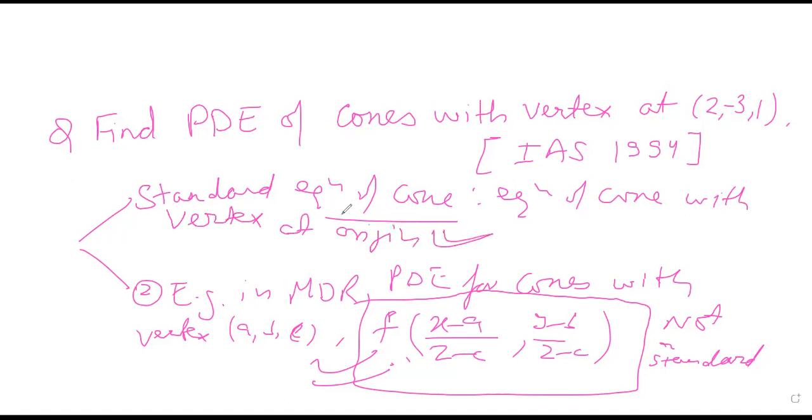You all must have done this question from PDE, where you have to find the PDE of cones with vertex at origin. You can use that to solve this question, and it can be easily done. Let's see what the approach is.